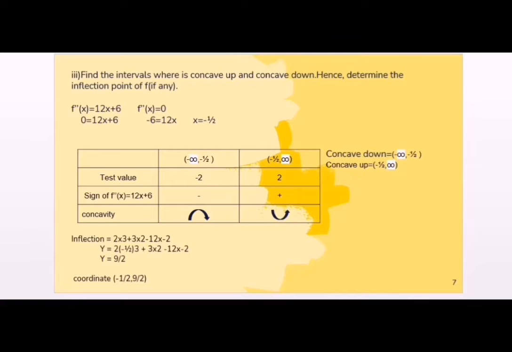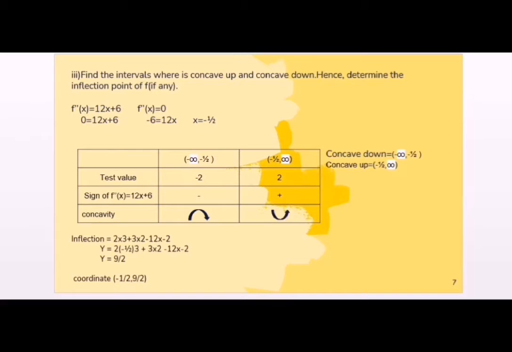After we get the signs, we get the concavity. For the negative sign, we get concave down, while for the positive sign, we get concave up. On the next slide, we can write concave down is (negative infinity, -1/2), while concave up is (-1/2, infinity).